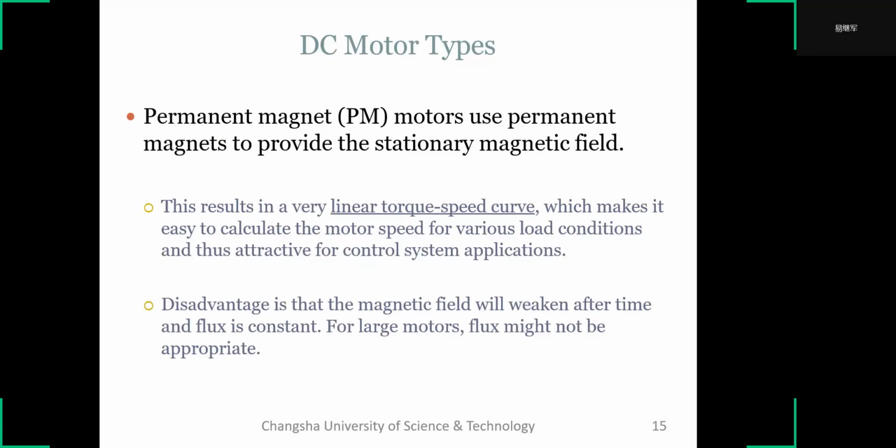That's attractive for control system applications. The disadvantage is that the magnetic field will weaken over time, and the flux is constant.